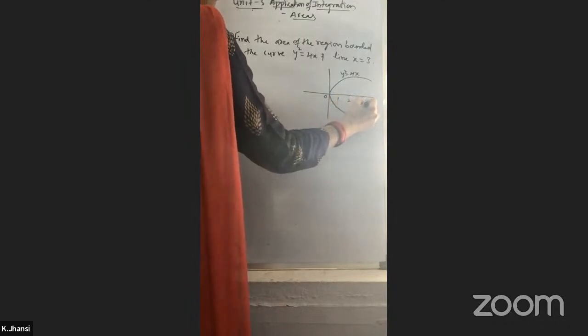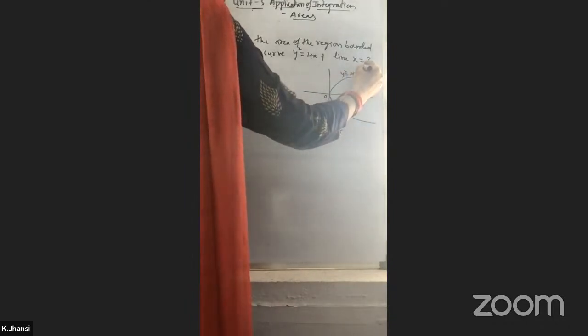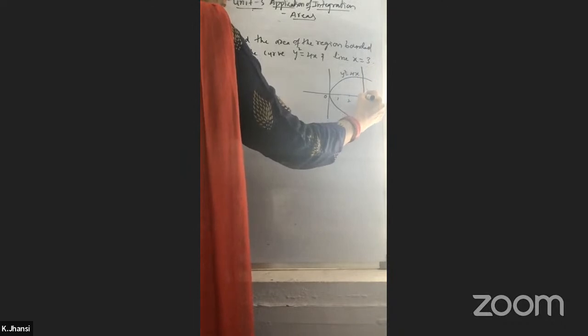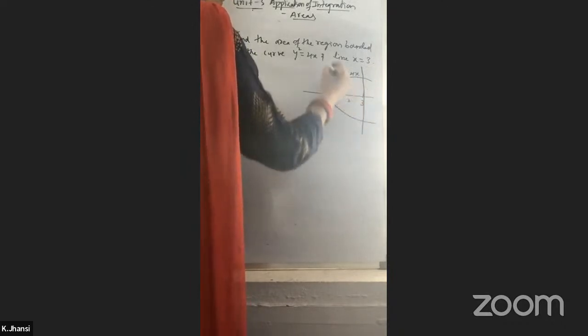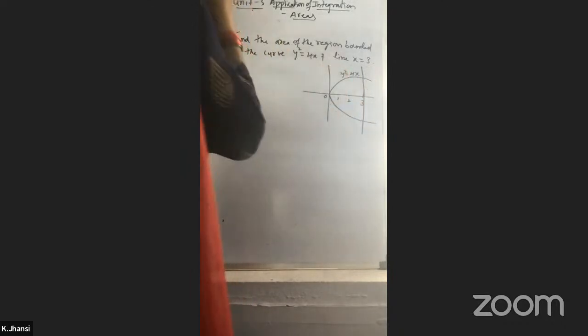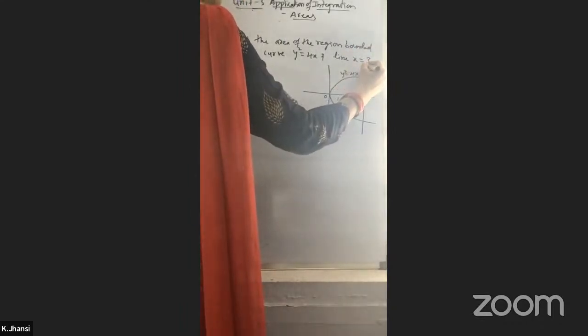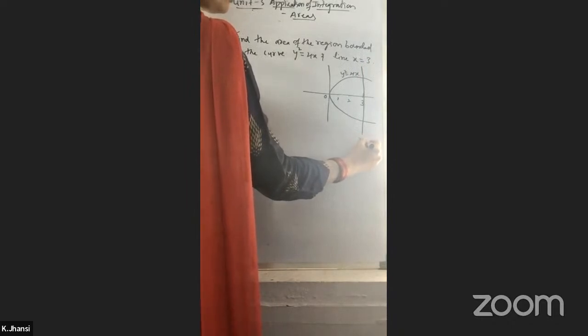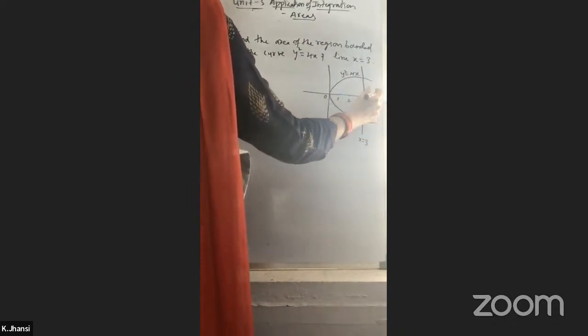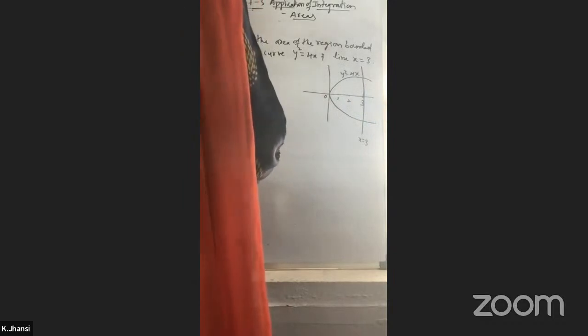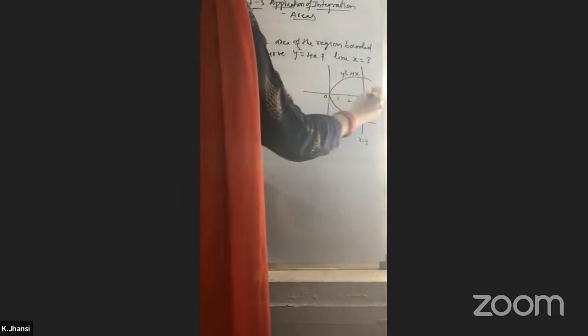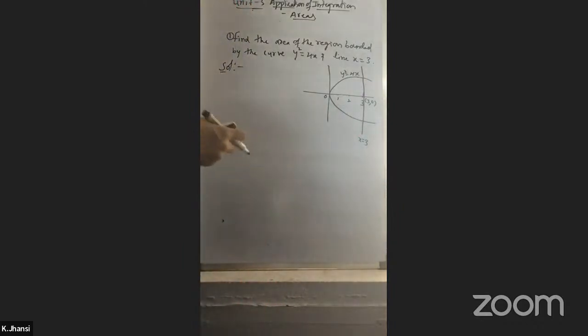Draw a line parallel to the y axis. This is the line x equals 3, and here 3 is the x value, so the point is 3, 0.